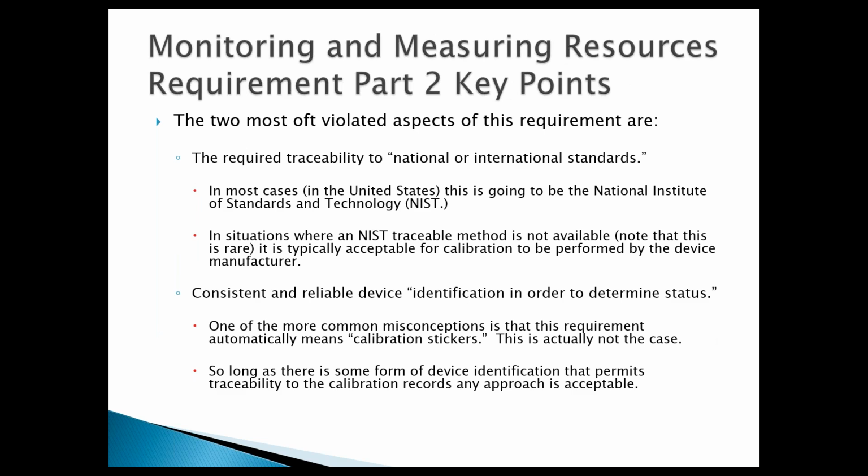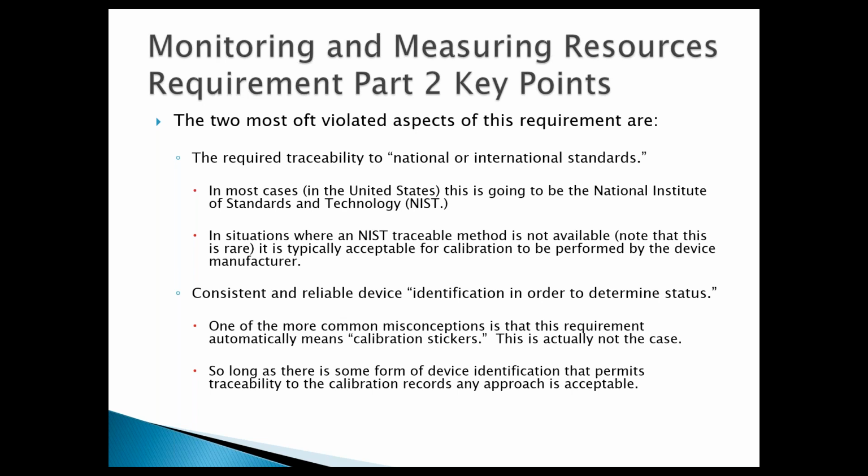So, the two most often violated aspects of what we just looked at. First of all, this business of required traceability to national or international standards. Your measurement devices need to be traceable to a national standard or an international standard. Here in the United States, that's going to be the National Institute of Standards and Technology, or NIST.